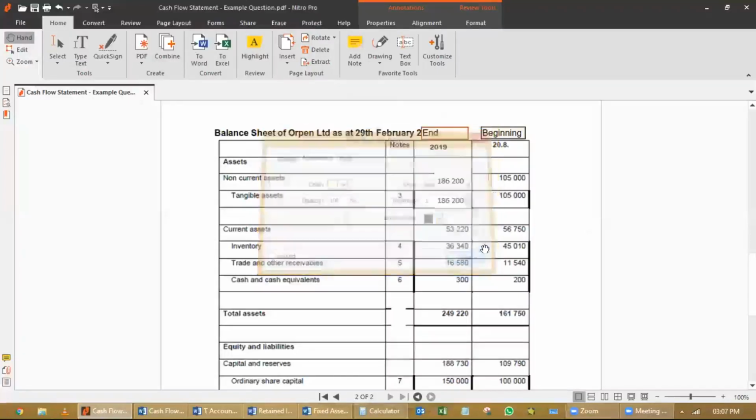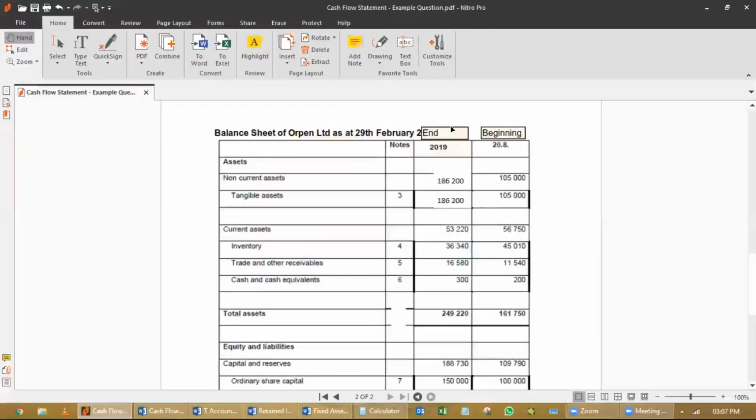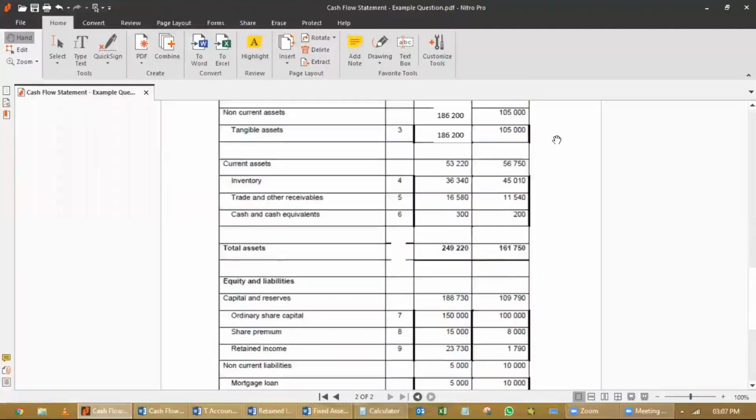If you do that, then you'll know all of these figures are the figures at the beginning of the year, and these are all the figures at the end of the year. Just a nice little tip because it helps you out. You'll see when we do this example now.